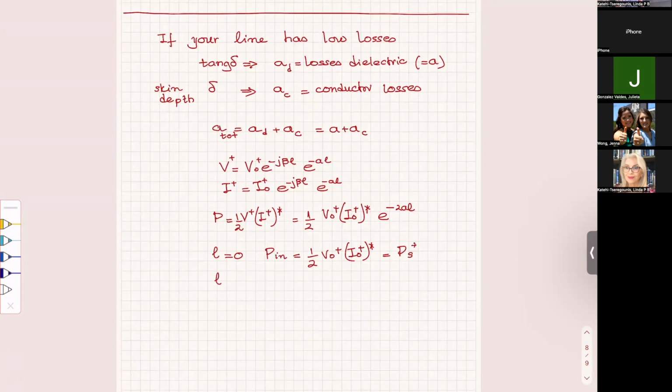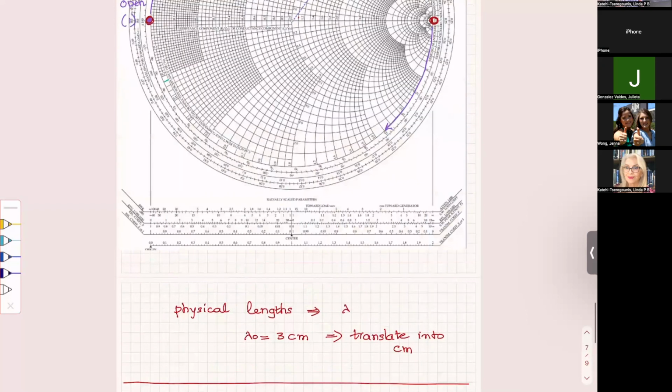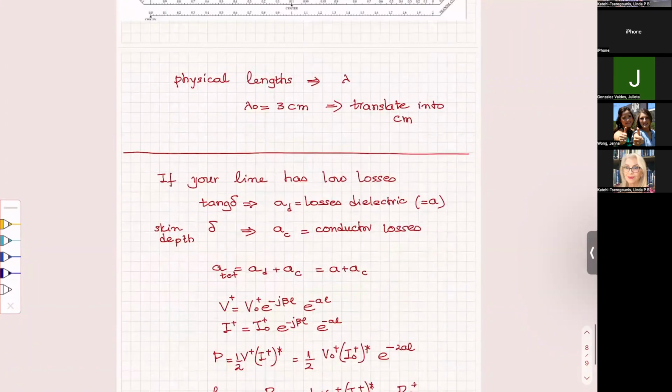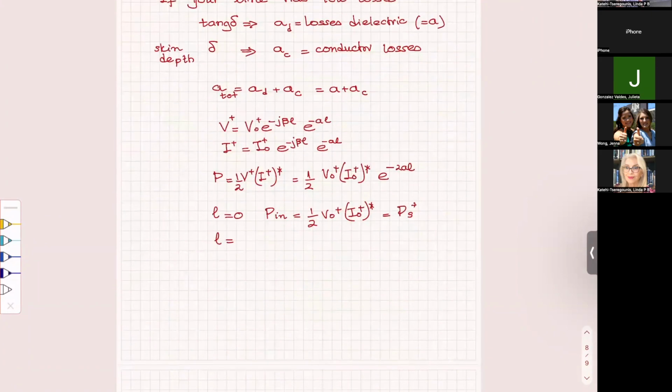But at L equals the length of the line, which is primarily the longest, because in all cases the length on the line from the stub is really a very small fraction of the wavelength, at the end of the line you're going to have a P at the load, which is 1/2 V naught plus I naught plus complex conjugate, but times e to the minus 2AL.